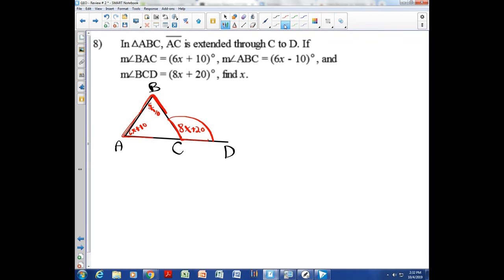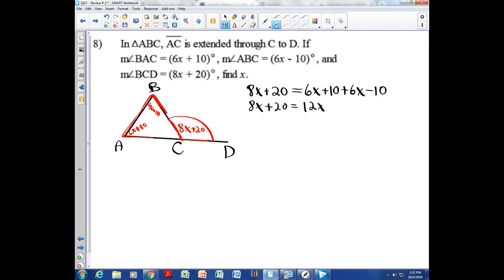But once we get to this spot, it's really not that different from the previous question. The exterior angle will always be equal to the sum of the remotes. Here we end up with 8x plus 20 is equal to 12x.